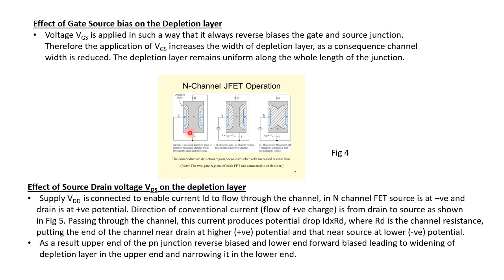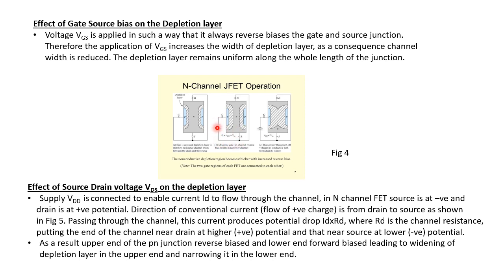It means that when we are considering the n-channel FET, the gate region is p-type. So on the gate and source junction, this side is P and the source terminal or the source region is n-type. Therefore, we will connect the battery or the source of voltage in such a manner that the P side is negatively biased and the N side, the source terminal, is given the positive potential.